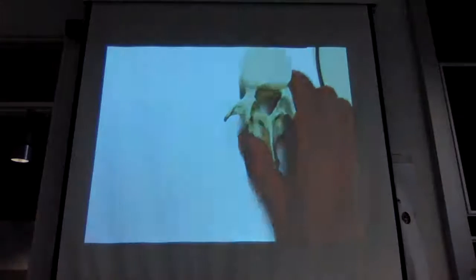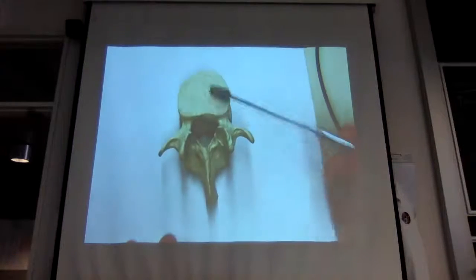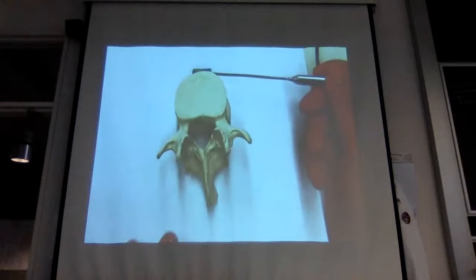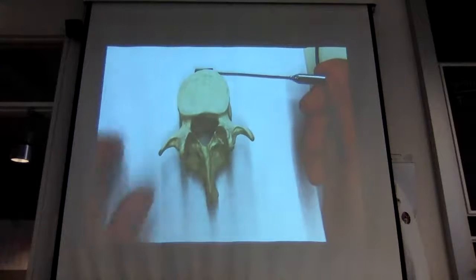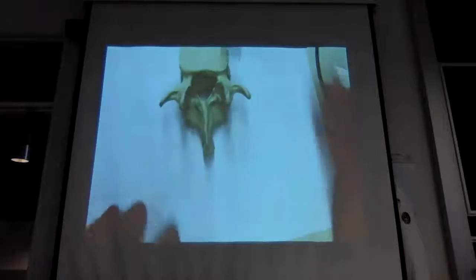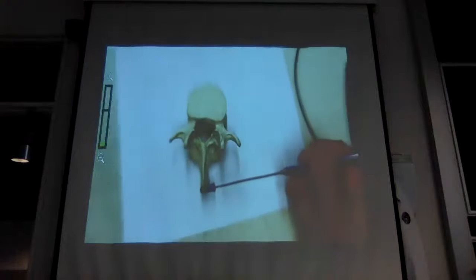Let's talk very generally about vertebrae. This is a body, right? Is this anterior or posterior? The body side. This is anterior. The spinous process, that's posterior. Anterior, posterior.